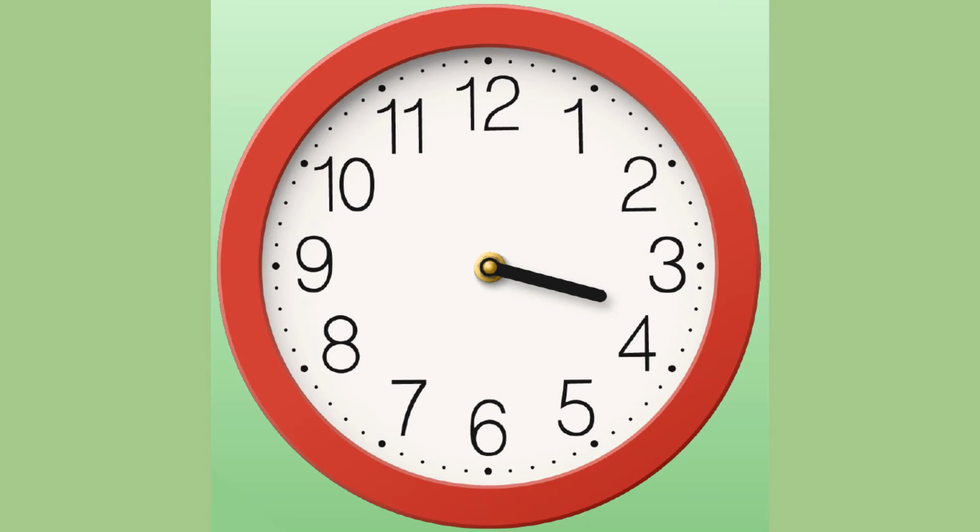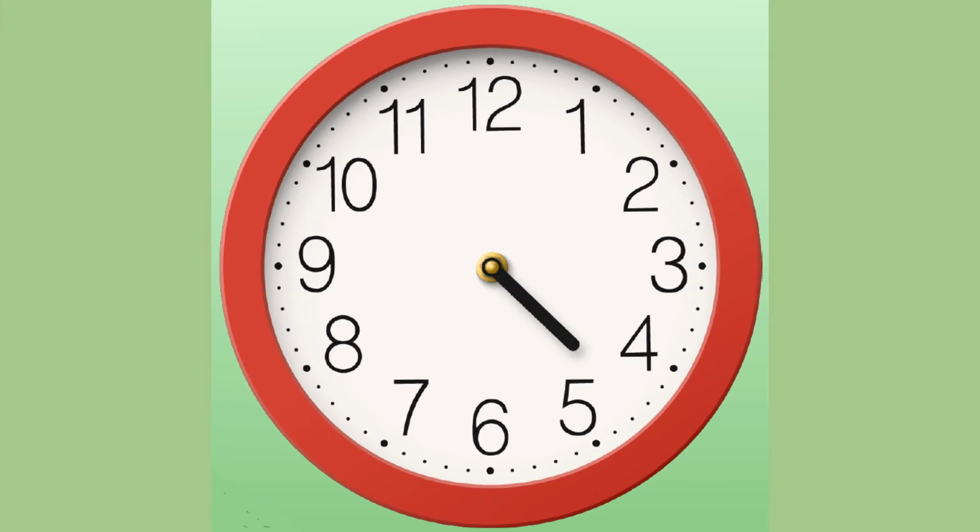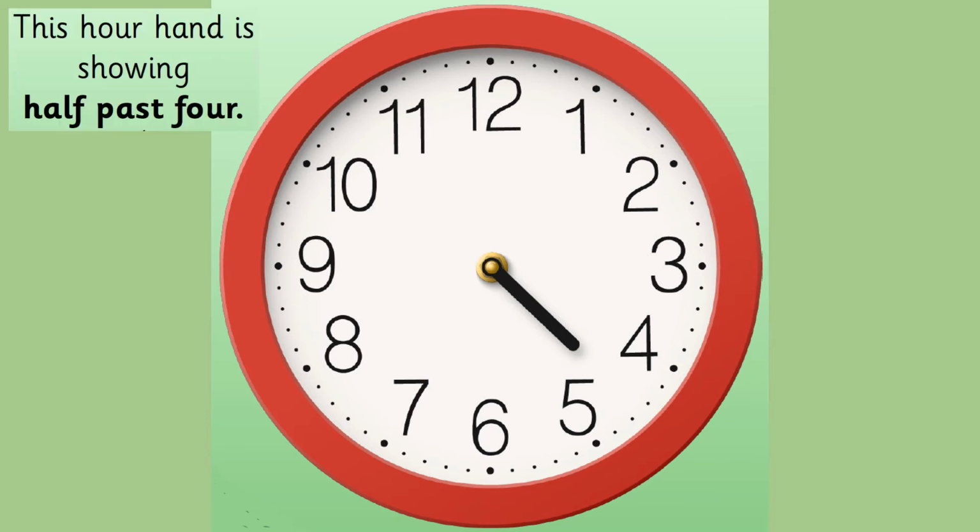The hour hand is halfway past the 3. So the hour hand is showing 3:30. How would you say this time? Notice the hour hand is halfway past the 4. The hour hand is showing 4:30.